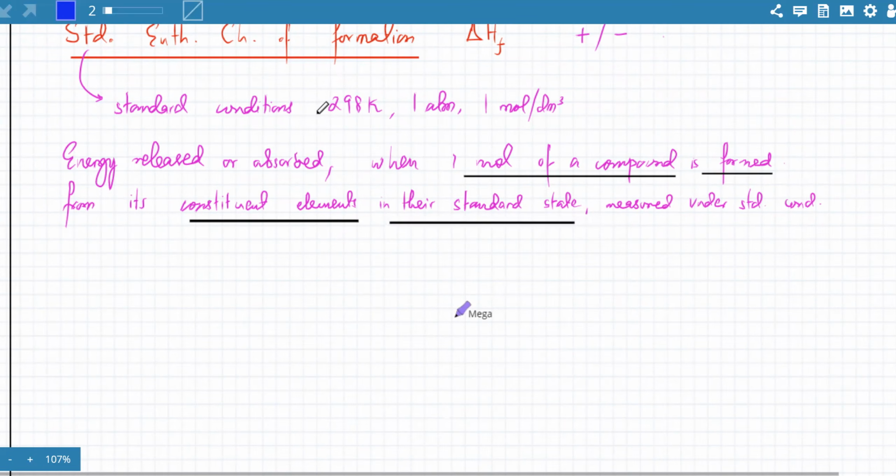This is the state of the element at room temperature at 298 kelvins. For example, you've got all these elements. You've got carbon, you've got hydrogen, you've got oxygen, you've got iodine, right? And let's add bromine as well.